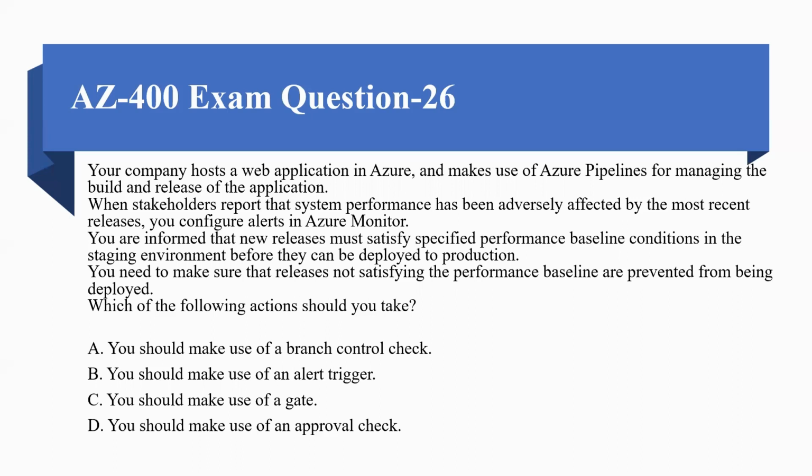You need to make sure that releases not satisfying the performance baseline are prevented from being deployed. Which of the following actions should you take? Option A, you should make use of a branch control check. Option B, you should make use of an alert trigger. Option C, you should make use of a gate. Option D, you should make use of an approval check. And the correct option is option C, you should make use of a gate.